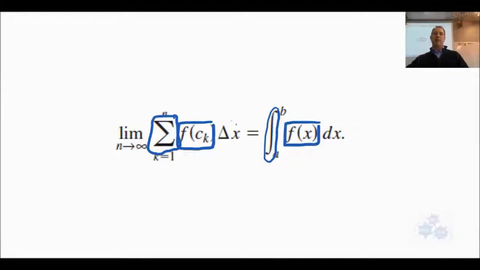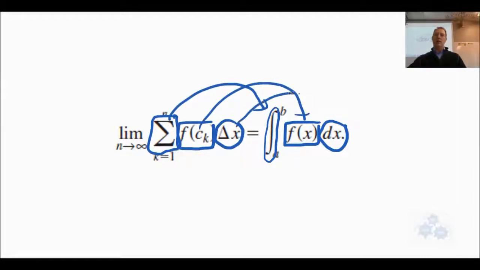This is the width of each rectangle, and this dx can also be interpreted as the differential of x. That is just the difference between the two x values as we let them come closer and closer to each other. So really there's a lot of connection between the sigma, the function itself, and this little differential there.